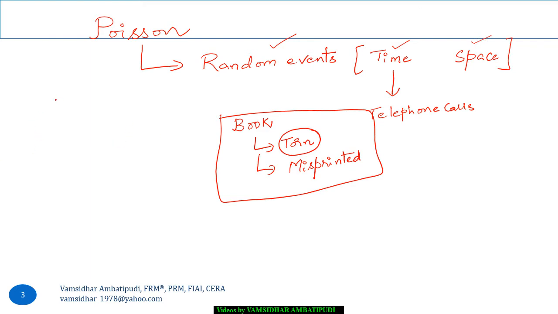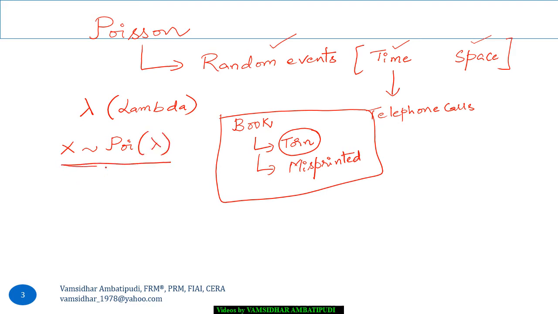Whenever we are trying to model this random event using a Poisson distribution, we have a parameter. A Poisson distribution uses a parameter called lambda. So we say x, which is a random variable, follows a Poisson distribution with a parameter lambda.